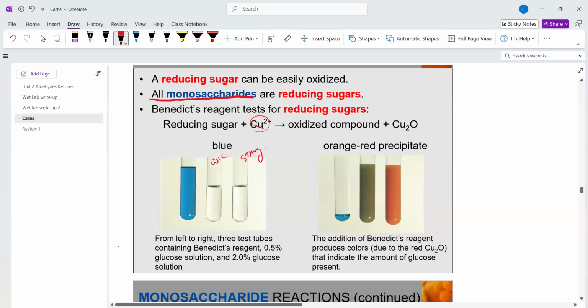Then when we dump this in there, because it's glucose, glucose being a hemiacetal can open up to an aldehyde, it ends up reducing the copper +2 to copper +1. And the orange color is cuprous oxide.